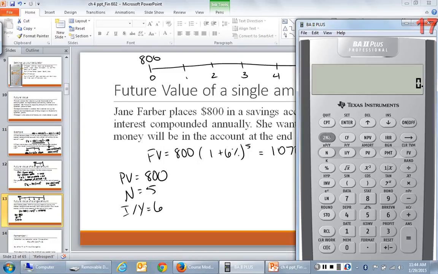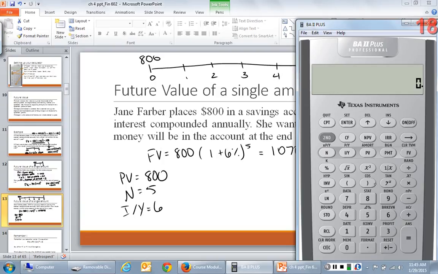So second and clear TVM. That ensures that every single one of these has a 0 in it. If you have a graphing calculator, all you have to do is put zeros in for the numbers that we aren't using. So, for example, you would make sure that payment is equal to 0.